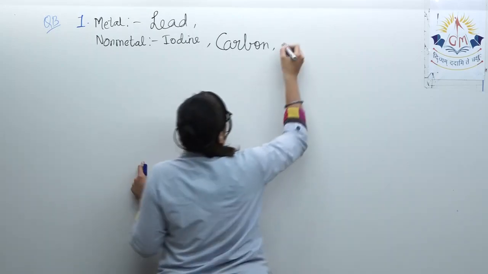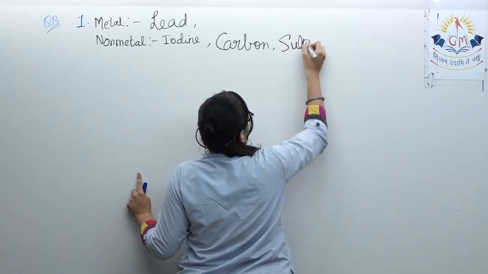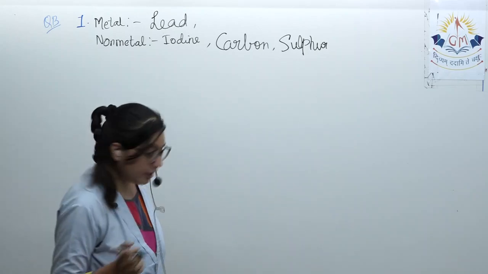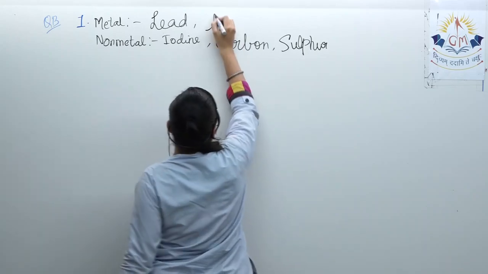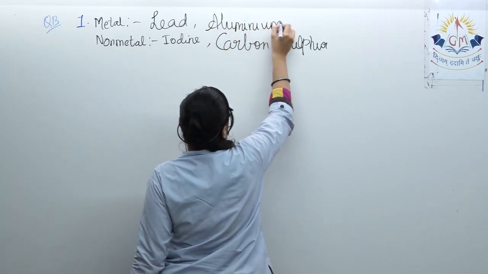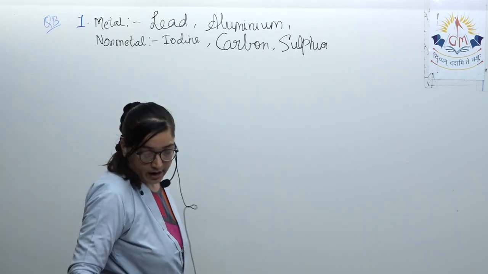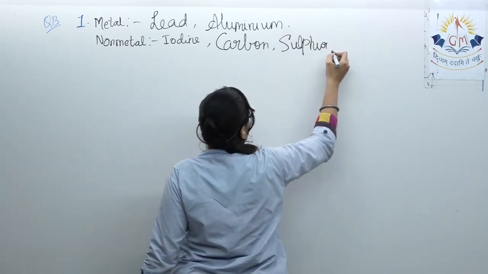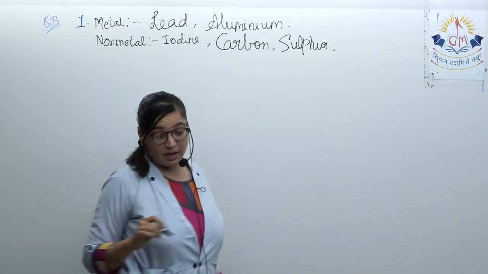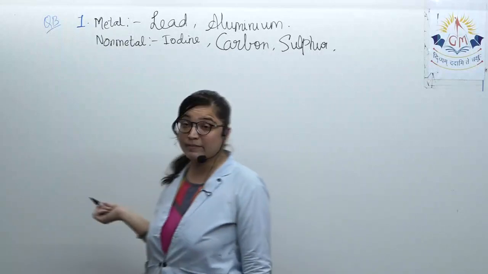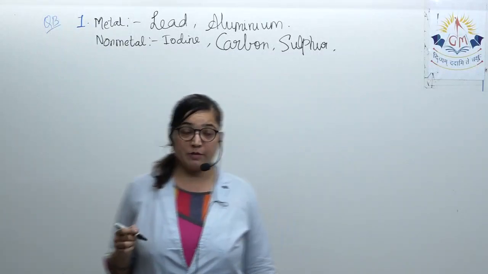Sulfur is again a non-metal. Then aluminium. What is aluminium? It is a metal. After aluminium it is silicon. Silicon comes under the category of semi-metals. It is neither metal nor non-metal.